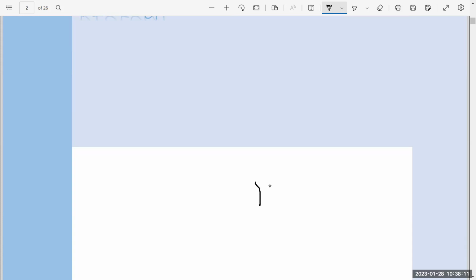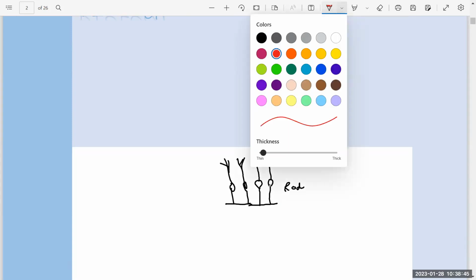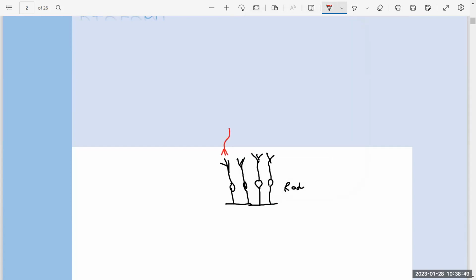If this is a rod cell, and this rod cell synapses with bipolar neurons, let's try to understand it like this.